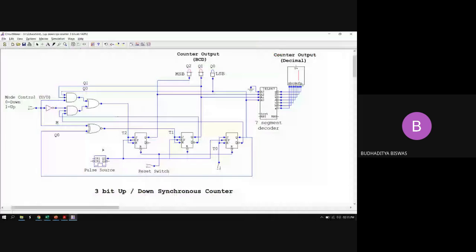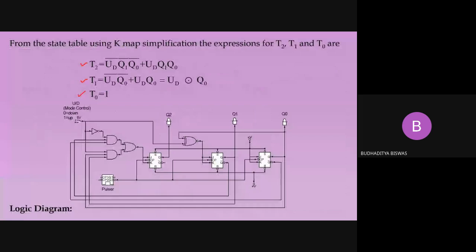This thing we need to map in the K-map, and after finding the expression using the K-map, it comes out that T2 equals UD bar, Q1 bar, Q0 bar. So we require Q1 bar and Q0 bar, and these are available in the circuit, because a flip-flop has two outputs: one is Q and one is Q bar. So from one flip-flop, we can easily get Q1 bar and Q0 bar.